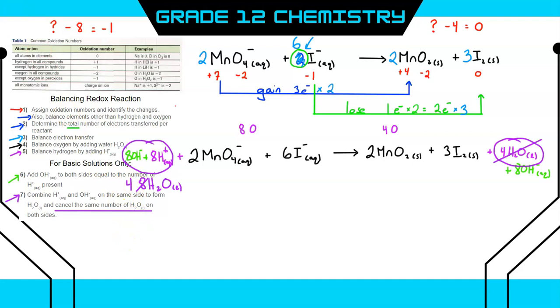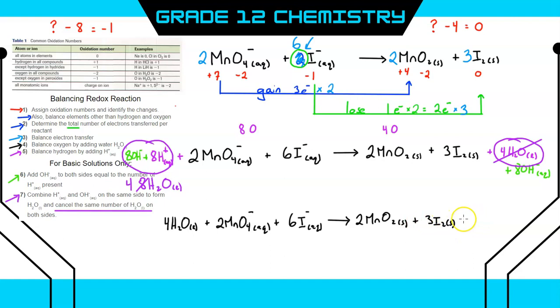So let's rewrite this all now. So we've got 4 water molecules plus we have 2 MnO4 negative plus 6 I negative is giving us 2 manganese dioxide plus 3 iodine plus 8 hydroxide ions.